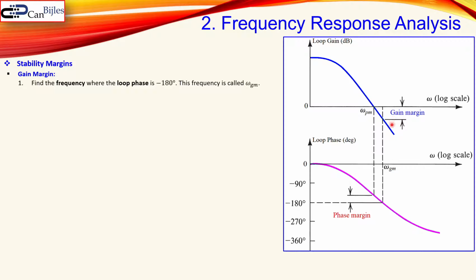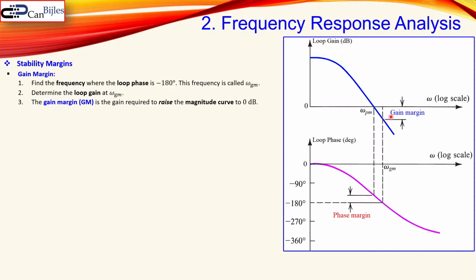And that frequency is called the omega GM, so omega gain margin. And determine then the loop gain at that same frequency, that's here. And the amount that you need to go here, so the amount you need to raise your magnitude in order to get to the 0 dB, that is the gain margin. For example, you have determined this one, and this is, for example, minus 6 dB.